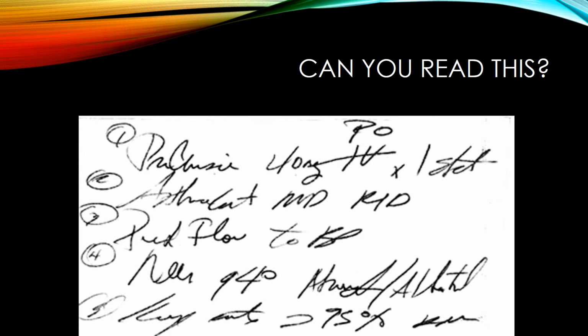I cannot make out that first one, except it looks like 40 milligrams. I wouldn't swear to that. I can tell the PO, and that's going to be by mouth, and then times 1, and that should be, I think, stat, which means immediately. Not sure about the second thing.